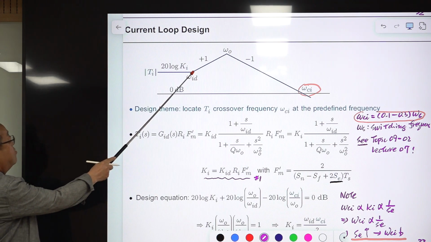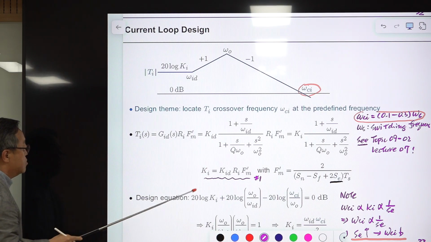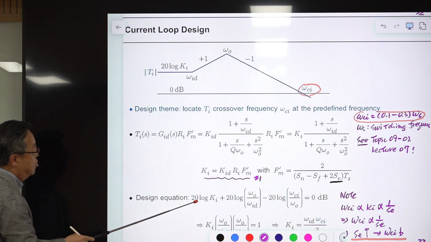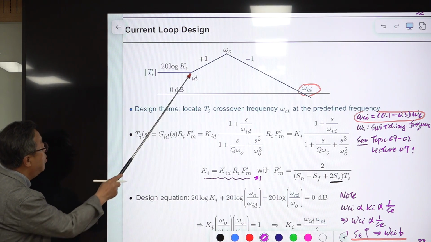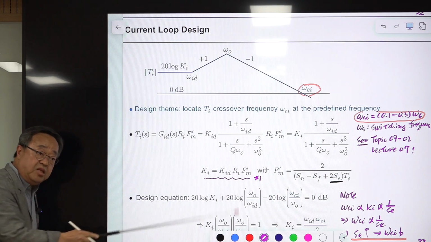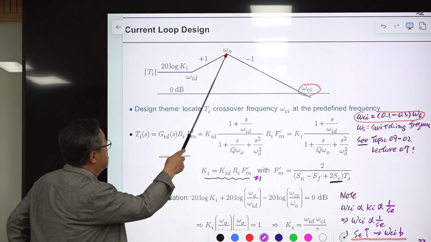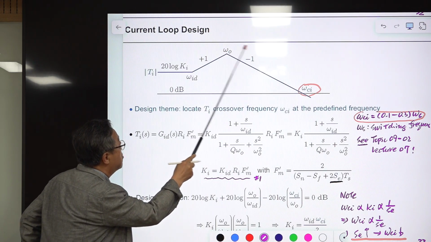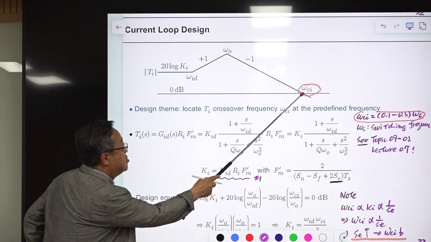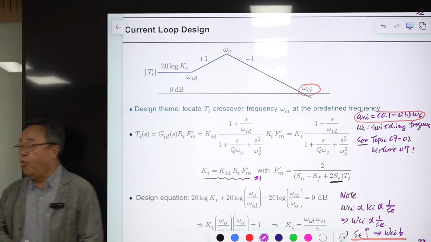So this value is 20 log Ki, and the slope is +1. So you start out from here. So 20 log Ki plus 20 log omega ID to omega naught with 20 dB per decade slope, and the minus means this one, and from here to there with negative sign, then this is the 0 dB crossover frequency where the gain becomes 0 dB. Okay, this is the log scale.